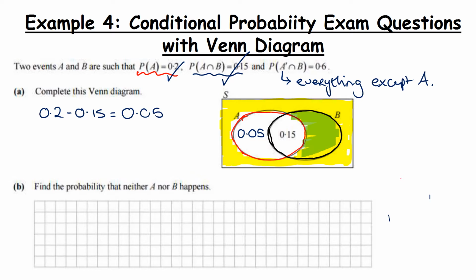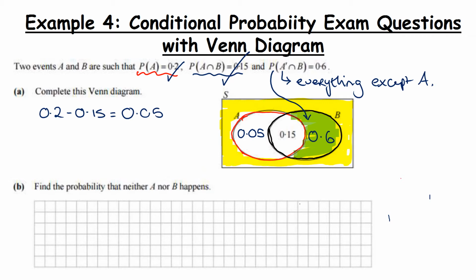This piece here is the probability of A complement intersection B. So in here we're going to put 0.6. So that's the first part done.